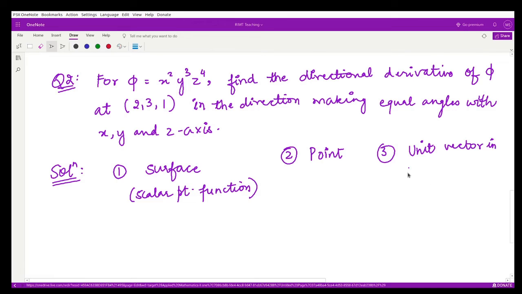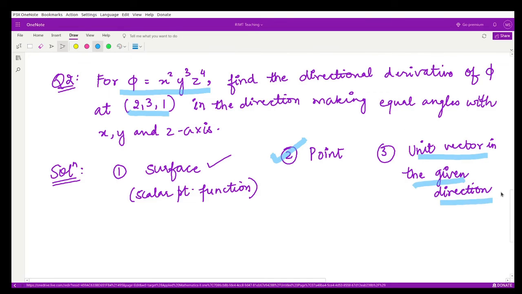So in this question, if you look at this problem, here the surface is given to you. This is given to be phi is equal to x square y cube z power 4. Point is also given to us, which is 2, 3, 1. But unit vector in the given direction, that is not given.